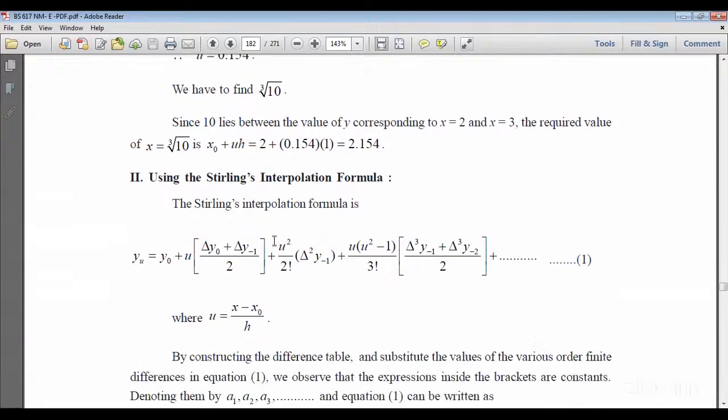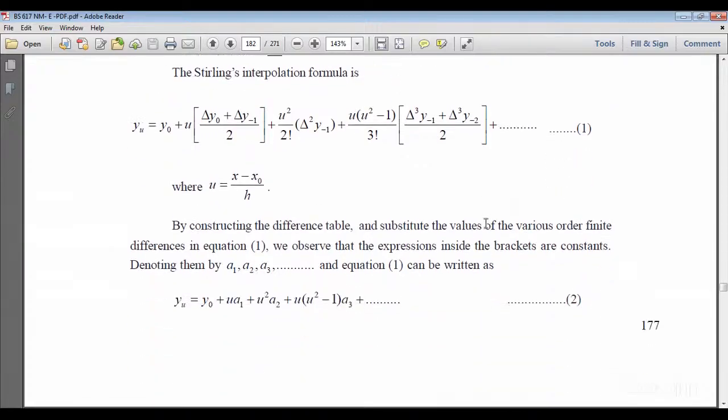y is equal to y naught plus u times (del y naught plus del y minus 1) by 2 plus u square by 2 factorial del square y minus 1 plus u (u square minus 1) by 3 factorial times (del cube y minus 1 plus del cube y minus 2) by 2. Therefore, u is equal to (x minus x naught) by h. By constructing the difference table and substituting the values of the various order finite differences in the equation, we observe that the expressions inside the brackets are constants.